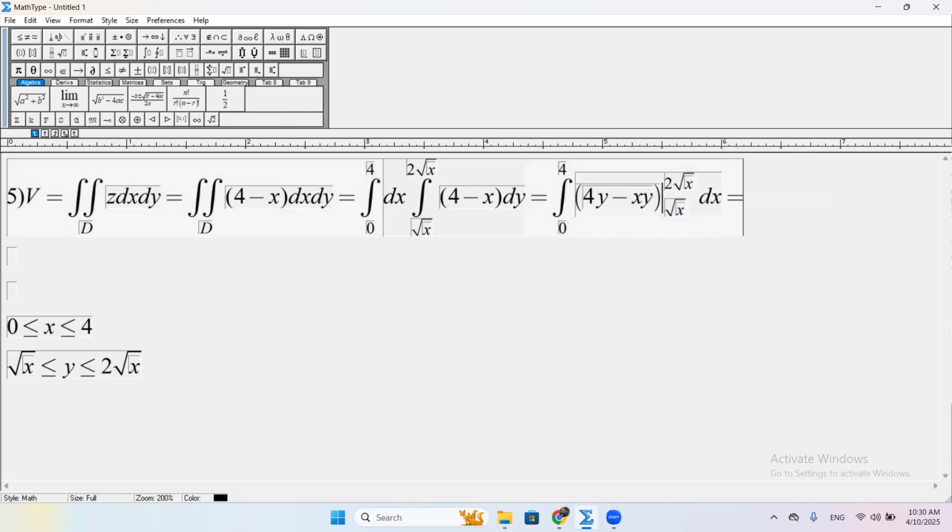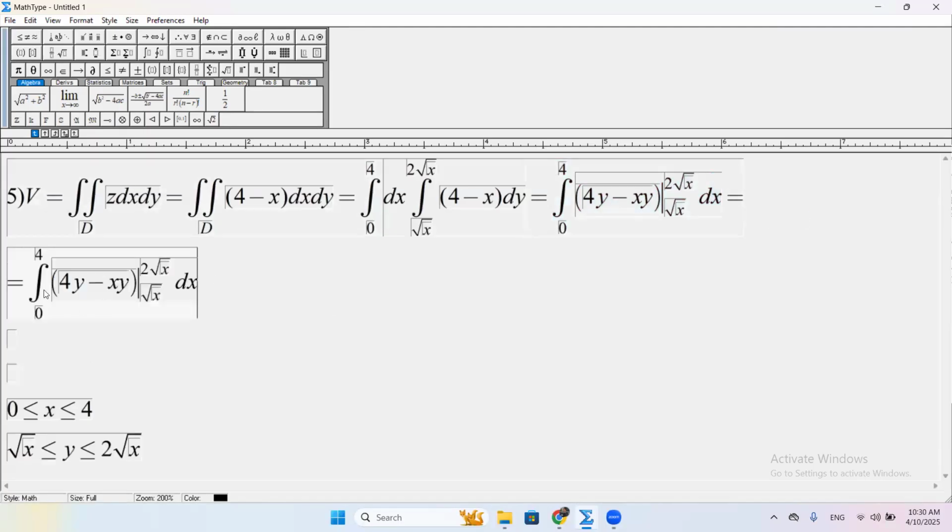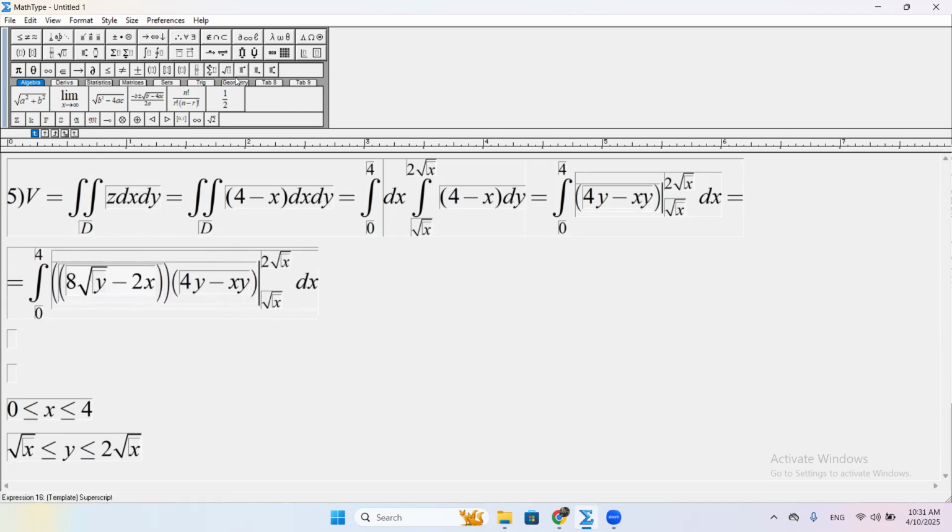So now let's substitute these square roots and see what we receive. In the first case, for 2 square roots of x, minus 2x square root of x.